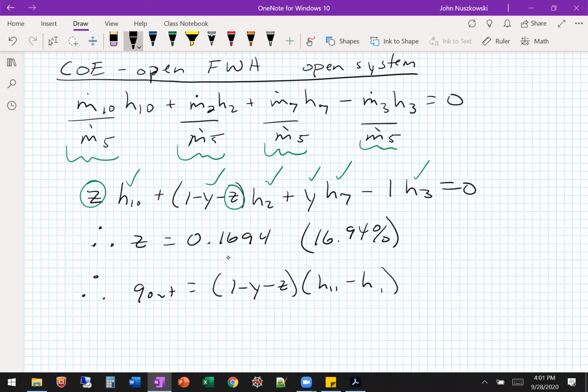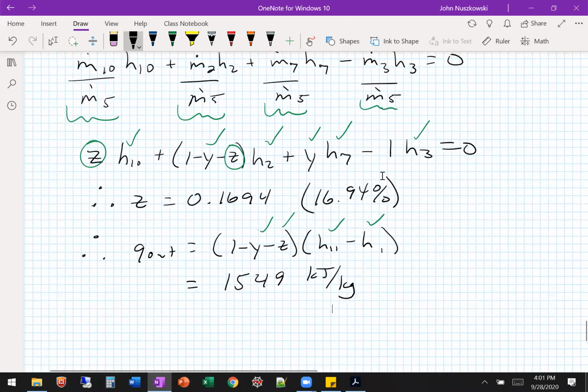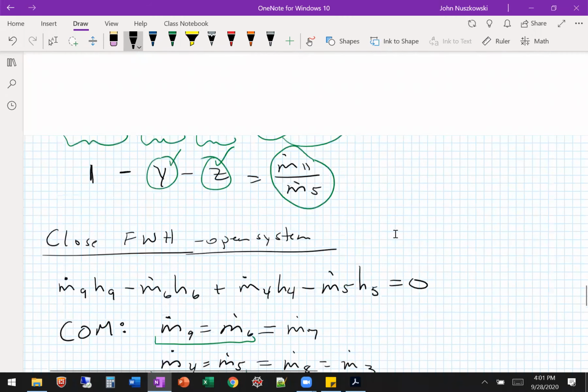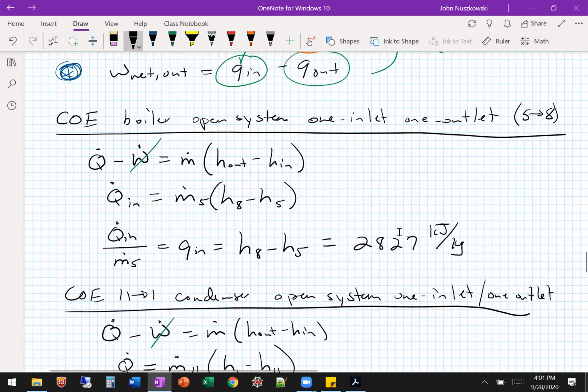All right, we have the enthalpies, Y and Z. So we get Q out, 1549 kilojoules per kilogram. We work our way back up to what we were solving, right?